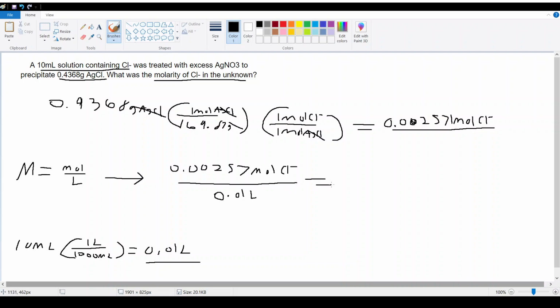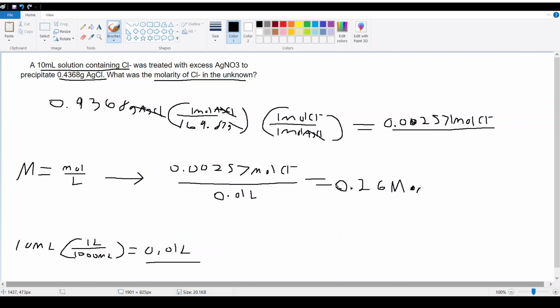And that's going to give us our answer, which we're going to plug into our calculator, which gives us 0.26 moles over liters.